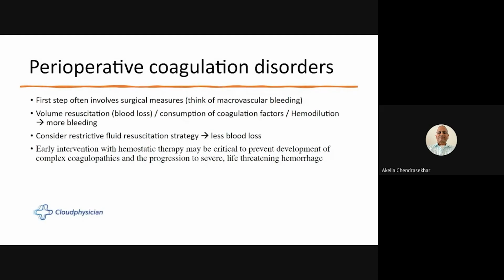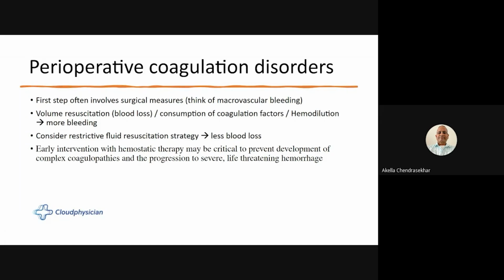So on re-exploration they evacuate the clot, and the surgeon says, oh, you see, I told you there is no bleeding vessel. It's primary fibrinolysis. And guess what? By evacuating the clot, you fix the problem. So again, something to tell the surgeon: please, next time, don't ignore us. Go in and do that for us.